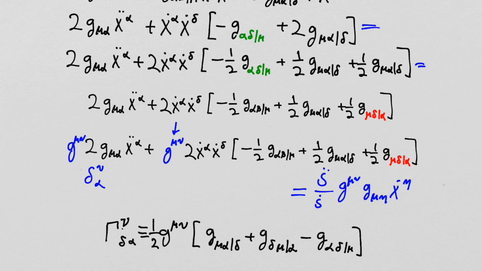This times this will give me the connection coefficient, and I think the subscripts are going to be alpha and beta. Let me quickly check. No, the subscripts are going to be delta and alpha.